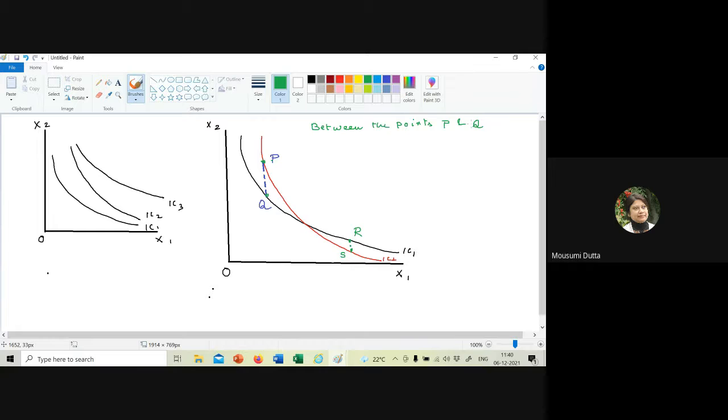Am I right? Yes, ma'am. Everybody is getting that? P has a higher amount of X2 and the same amount of X1.